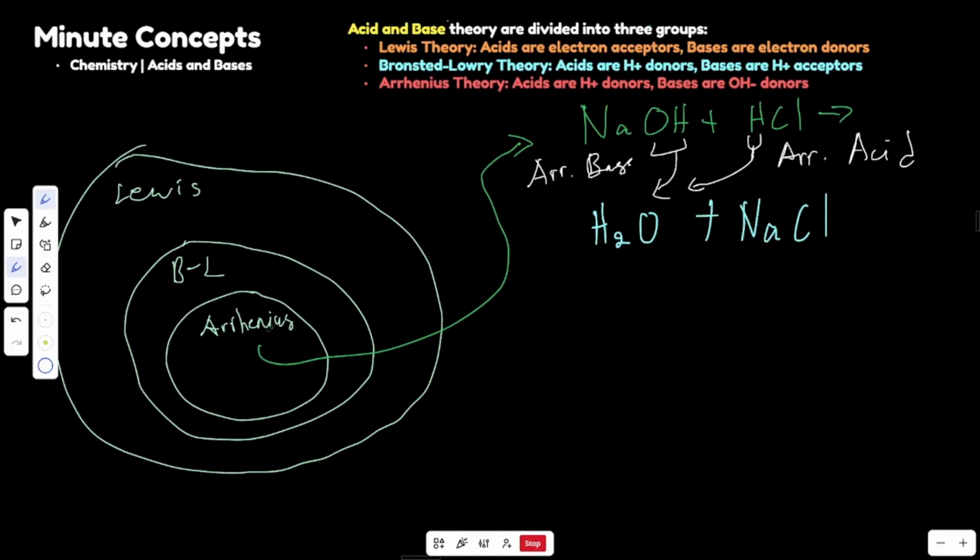Now, what's another example of acid and base theory? We have Bronsted-Lowry. So again, let's just label this. This is Arrhenius theory. Now, Bronsted-Lowry is when we're exchanging hydrogens.